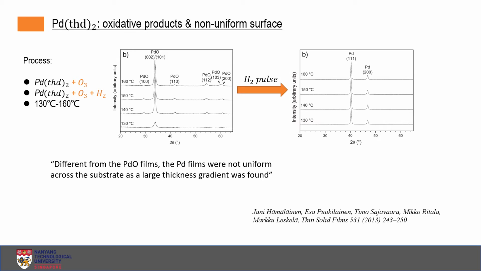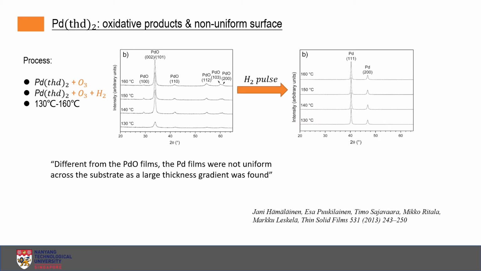The second precursor is Pd(thd)2. The precursor is used with ozone. However, it only results in the thin films of palladium oxide. To solve this problem, hydrogen pulse was used after each ozone pulse to reduce palladium oxide to the pure palladium thin film.